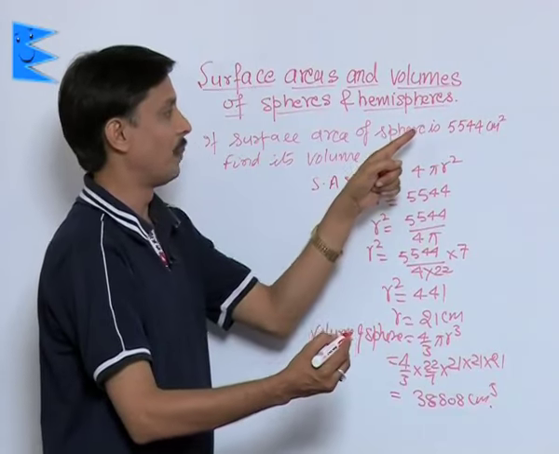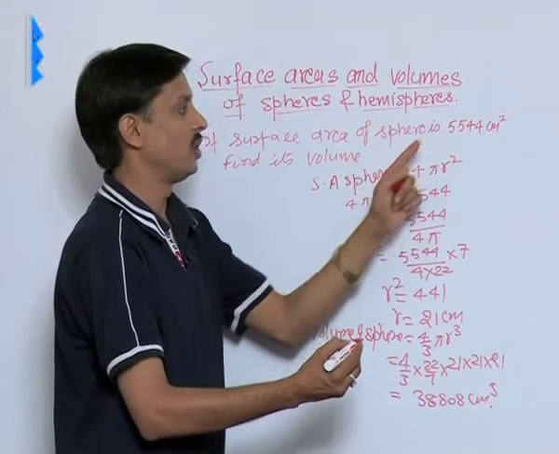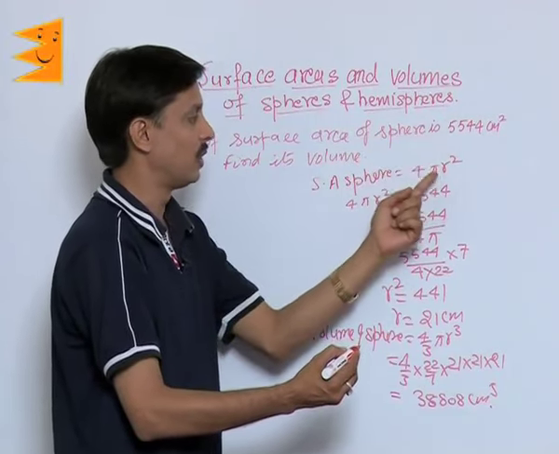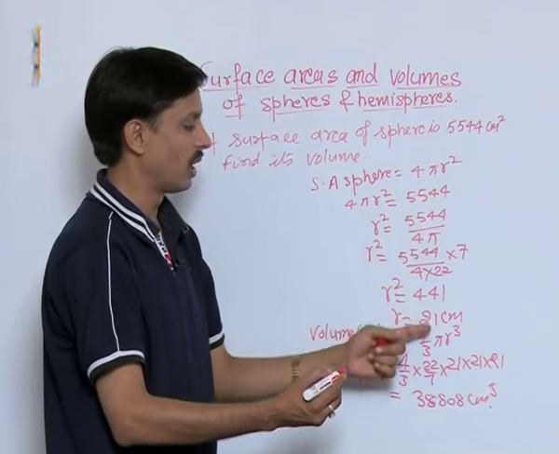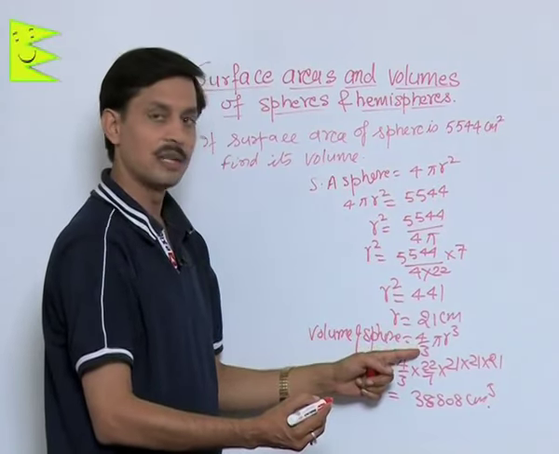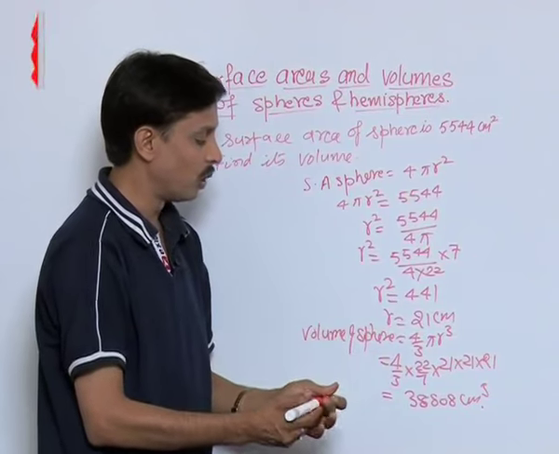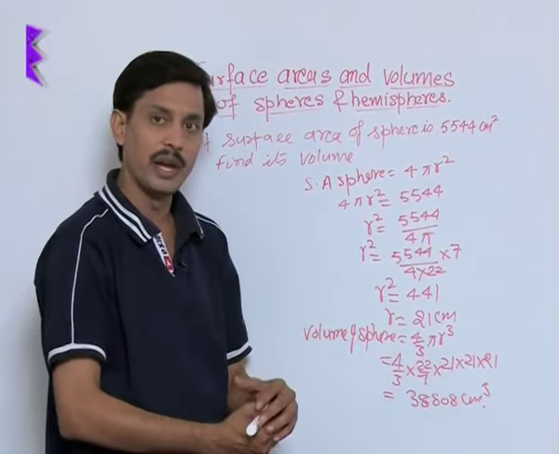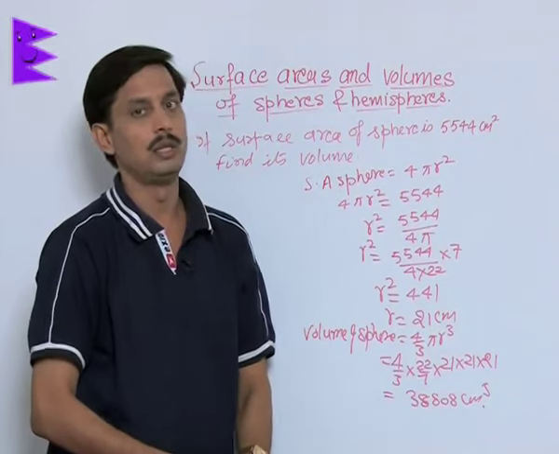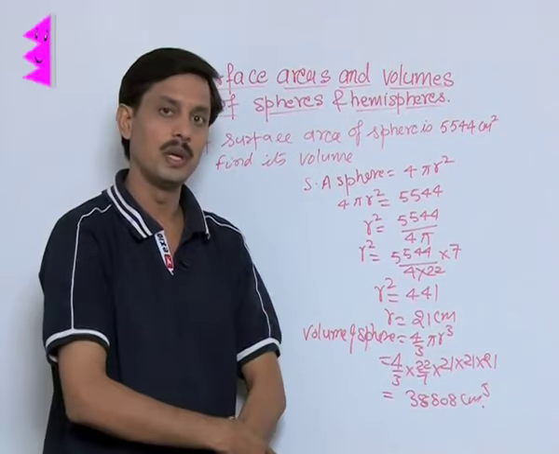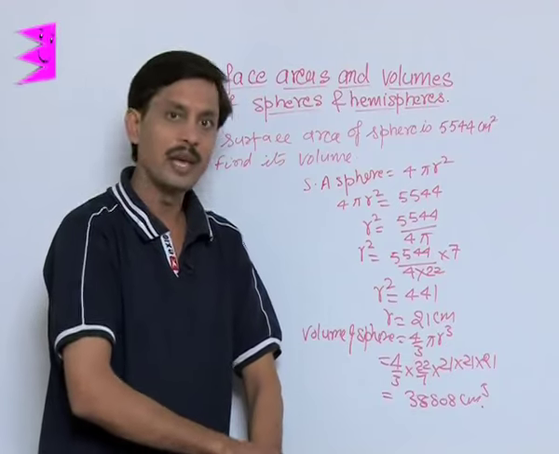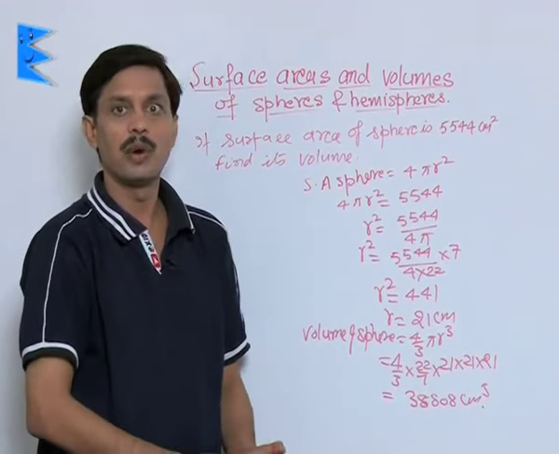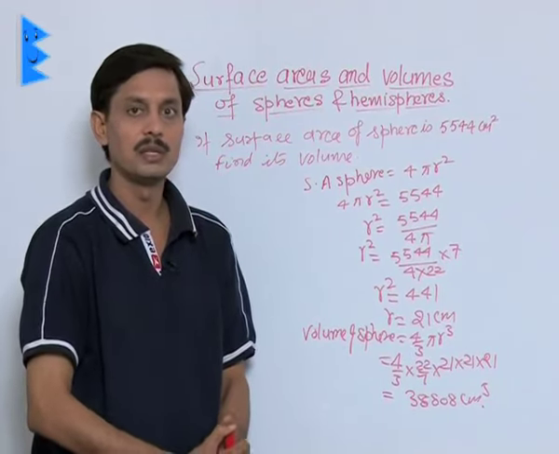So with the help of the curved surface area or total surface area of a sphere, on comparing we calculated the radius. Radius is applied in the formula of volume. So 38808 centimeter cube is the volume of this sphere whose surface area is 5544 centimeter square.